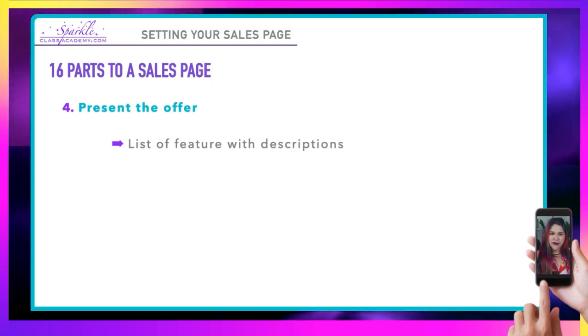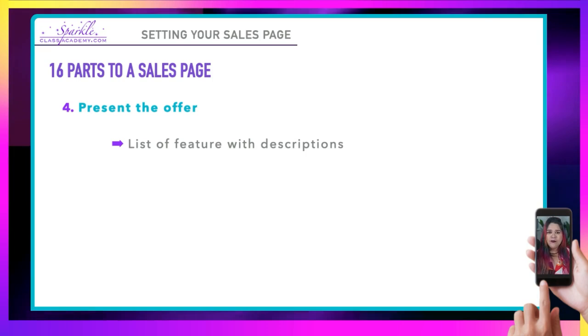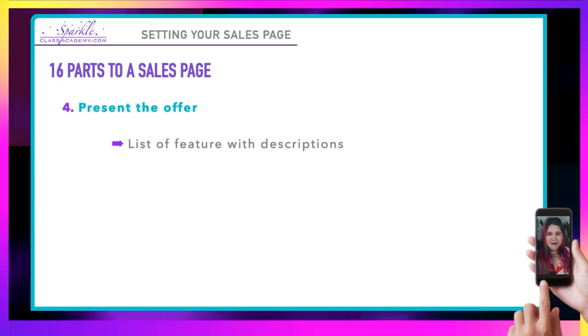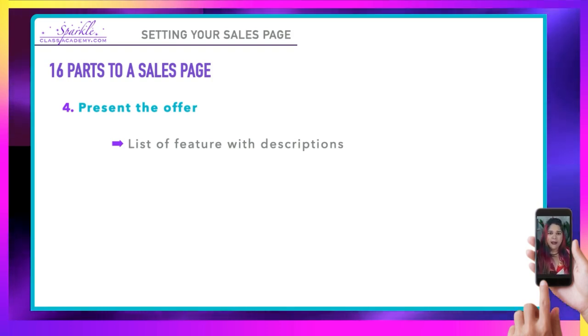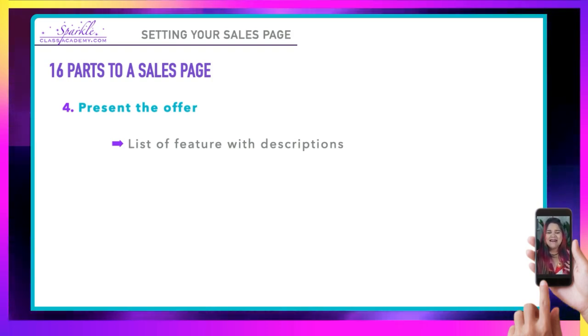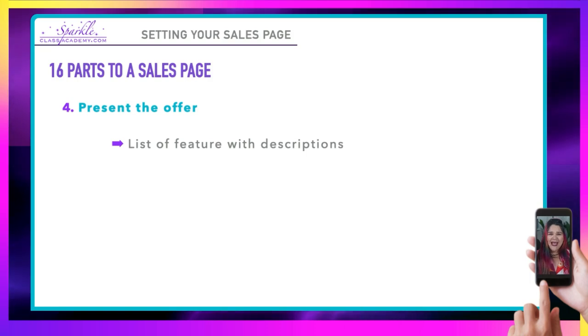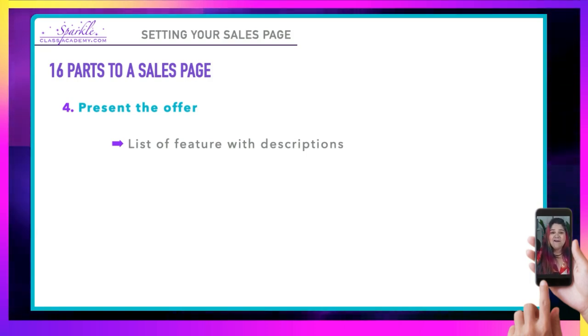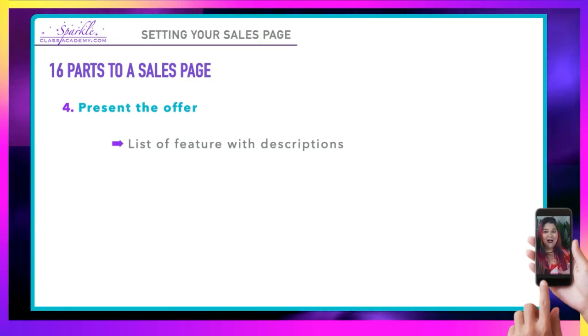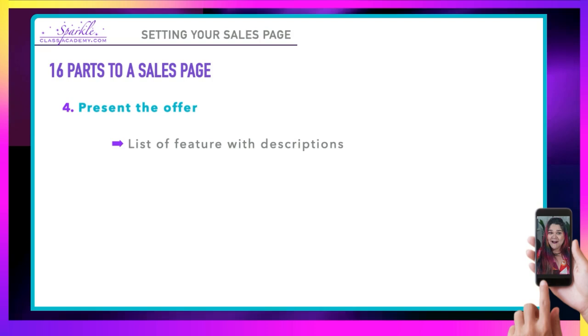Explain to them how your offer is different from anything else out there and how they will achieve the results using this. So this is where you'll reiterate again the core problem that your customer faces and break it down into solutions. Now, the more descriptive and unique you can get here, the better your description will be. So by writing a detailed description of each feature, you'll not only have an easier time convincing a potential buyer to convert, but also it can help you with SEO rankings, okay?